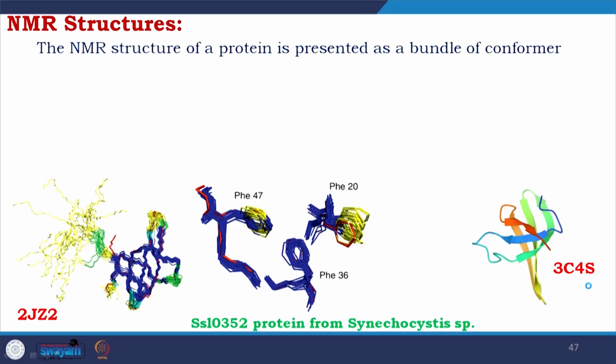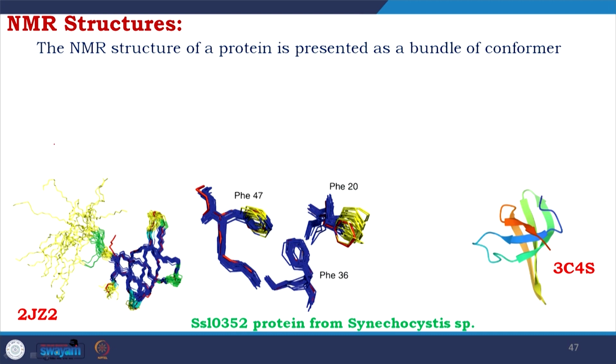Okay. So, now we have finally the NMR structures. The NMR structure of a protein is presented as a bundle of conformers. As you see, this is the representation of an NMR structure of SS10352 protein from Synechocystis species, and this is the crystal structure of the same.